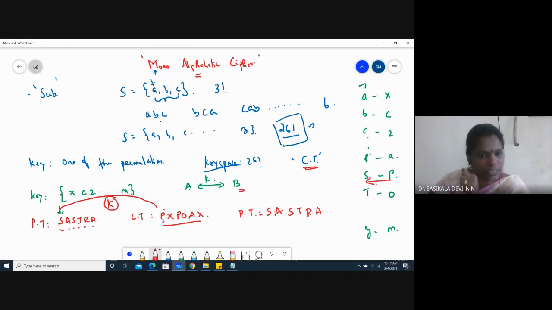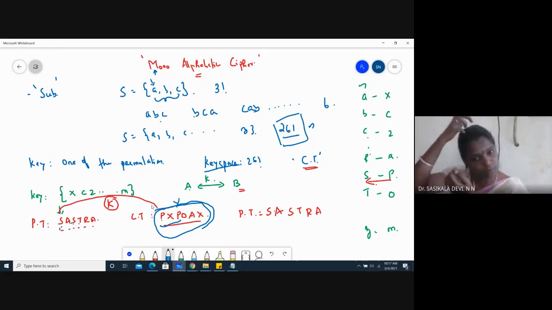That means the first occurrence of S is replaced by P, and the second occurrence of S is replaced by some other character, say Y. If it is so, the frequency analysis attack is not possible, because it is not possible to find out the most common character in the ciphertext, since the same character is substituted by 2 different characters.